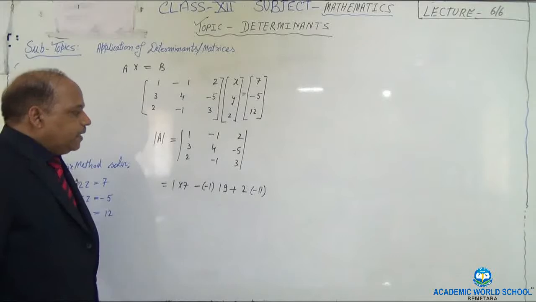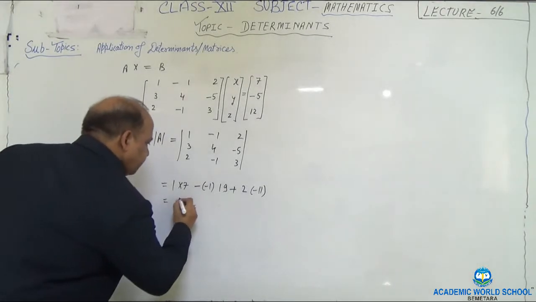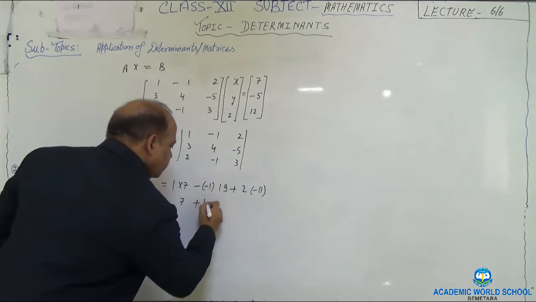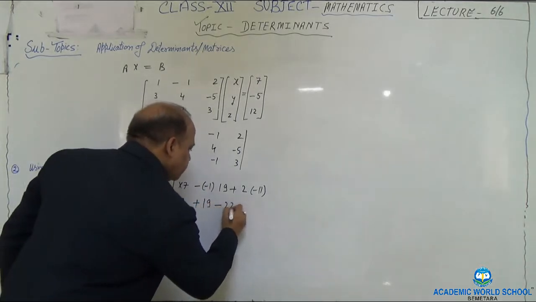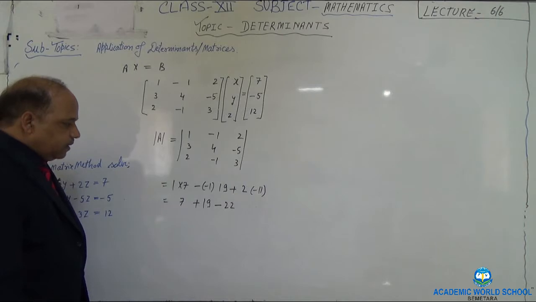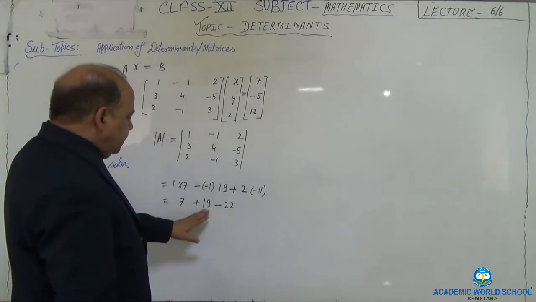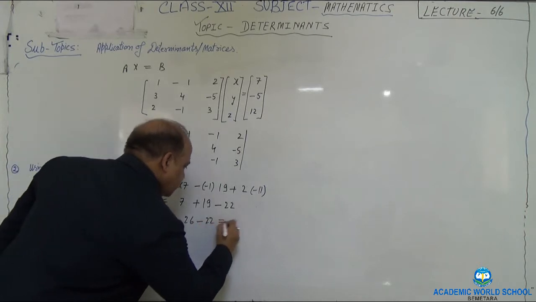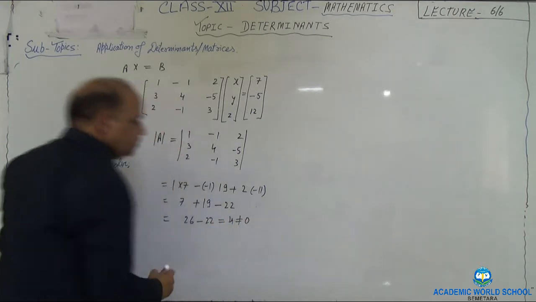Minus 3, minus 8. So if I simplify, it will give me 7. This becomes plus 19 minus 22. If I simplify further, 19 plus 7 becomes 26, minus 22, which is equal to 4, which is not equal to 0.